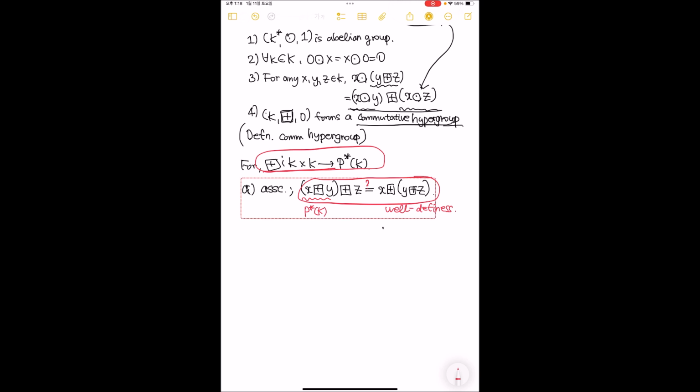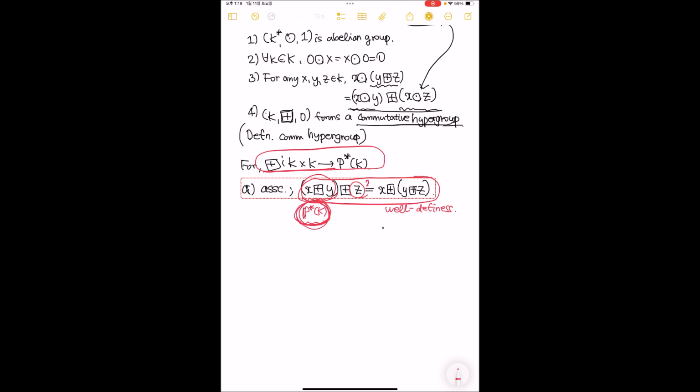But then how do we add this result and z? That is not in K, that is just P star K, the power set minus the empty subset.